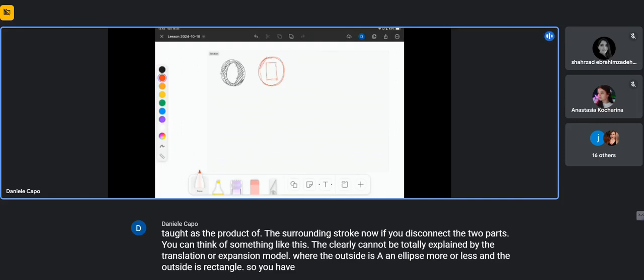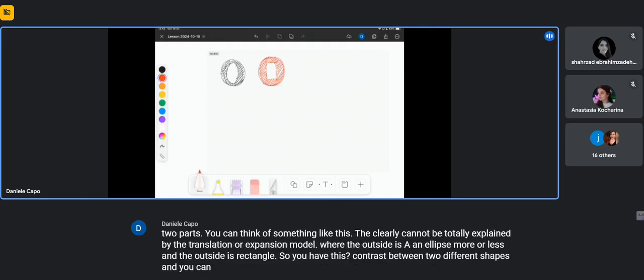So you have this contrast between two different shapes. And you can also try to see if this idea can produce an interesting thing.